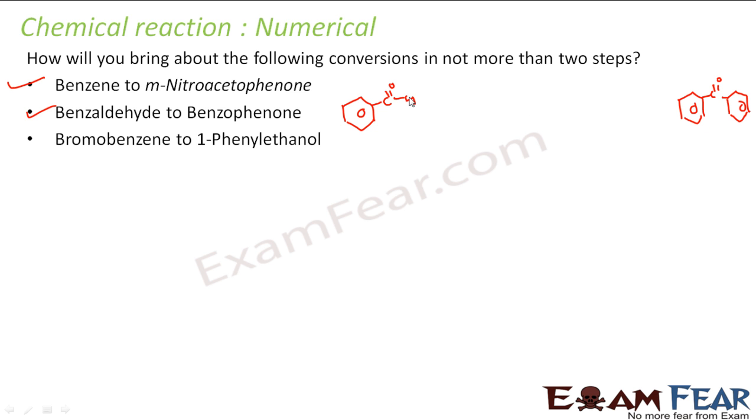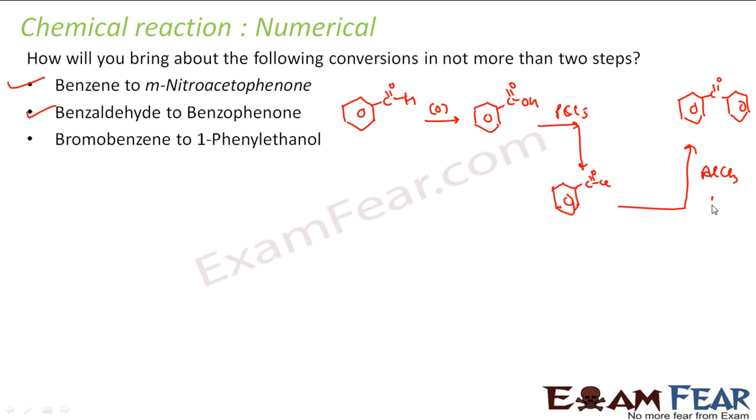To convert H to Cl, the first thing we have to do is oxidation. This will get converted into COOH. And then we have to convert this into Cl. I can use PCl5, PCl3, SOCl2, any method to convert this into Cl. Once I have the Cl, I can react this with AlCl3 in the presence of benzene. This will be a Friedel-Crafts reaction, and I'll get benzophenone.